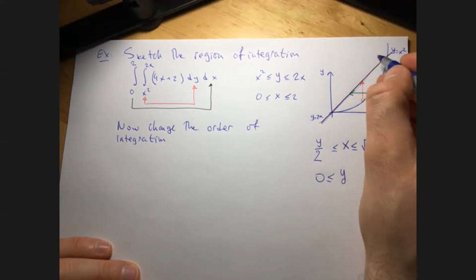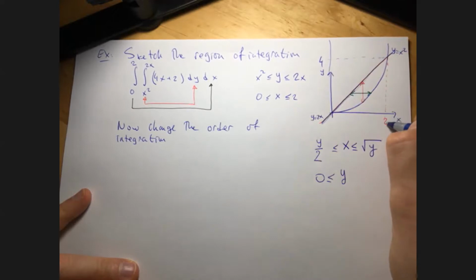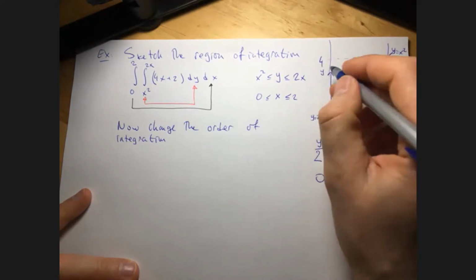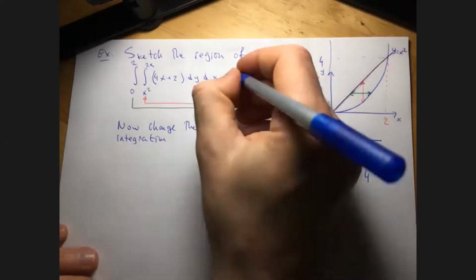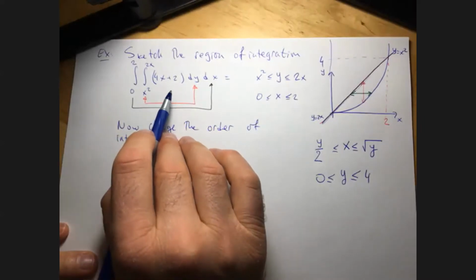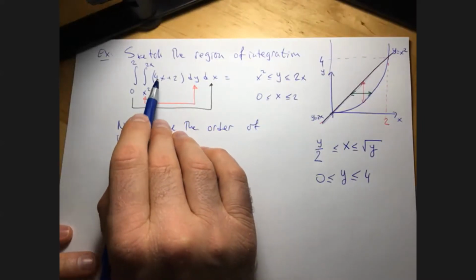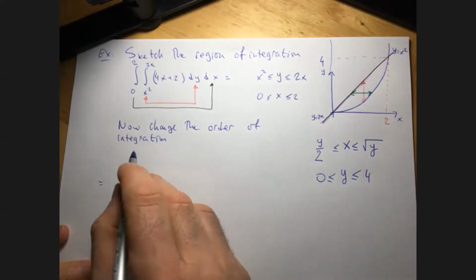And where do they meet? Well, they meet at 4. That's easy to evaluate, right? X squared when x is 2 is 4. So sometimes you're given a question like this, but it's very difficult to evaluate the integral in terms of y. You have to change the order of integration.